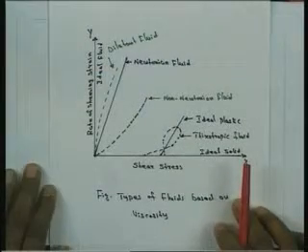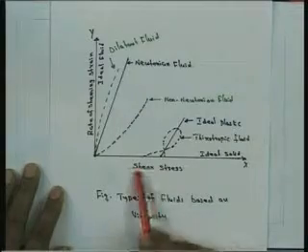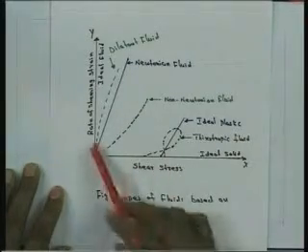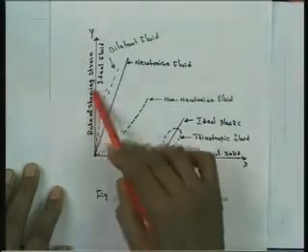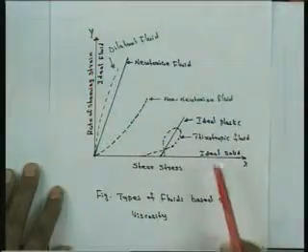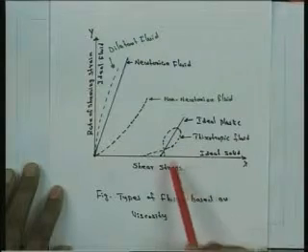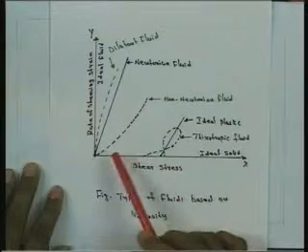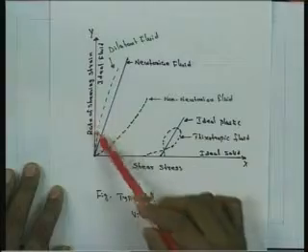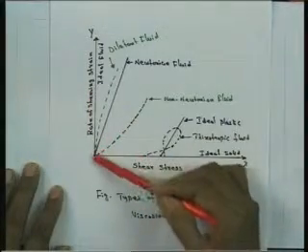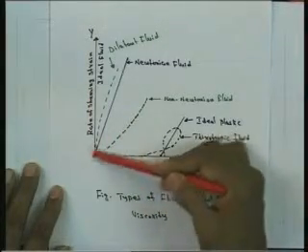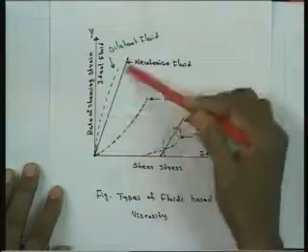The shear stress is plotted here on the x axis, and the rate of shearing strain is plotted on the y axis. In this plot, if the shear stress varies linearly with respect to shearing strain, then we get a straight line like this, so that there is a linear variation.